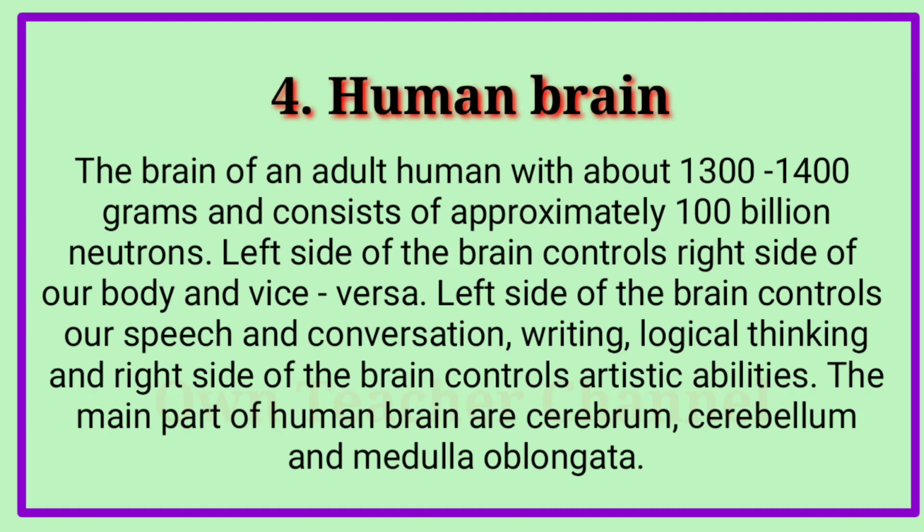Left side of the brain controls our speech and conversation, writing, logical thinking, and the right side of the brain controls artistic abilities. The main parts of the human brain are cerebrum, cerebellum, and medulla oblongata.